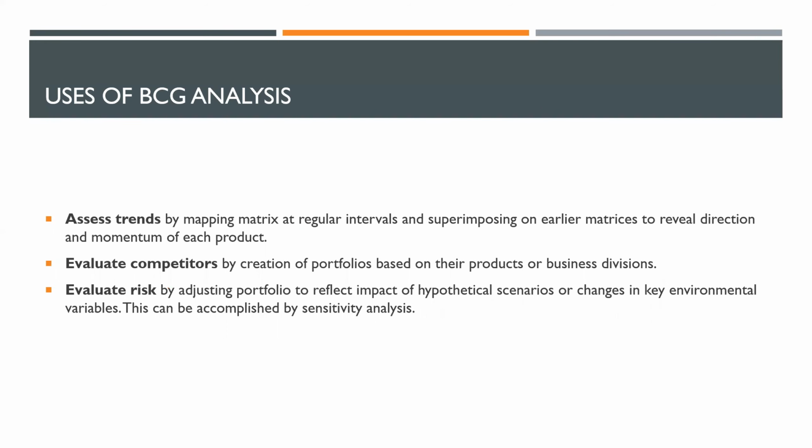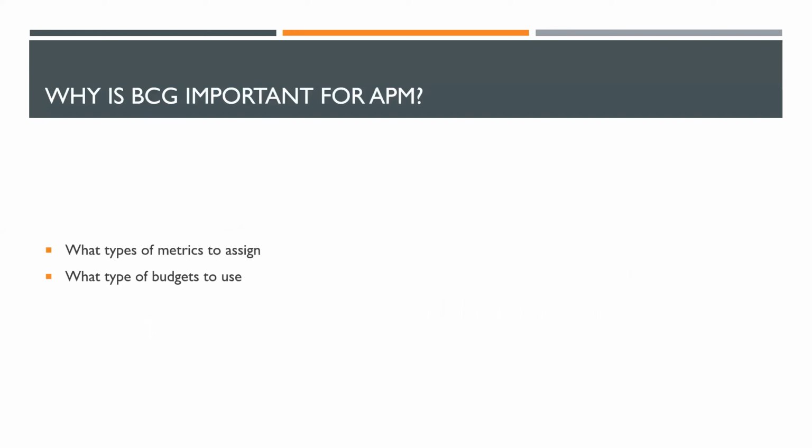So we use Boston Consulting Group matrix analysis to assess trends, to evaluate competitors, and to evaluate risk. And it is important, once again, for advanced performance management exam, because we need to understand what types of metrics to assign and what types of budgets to use. And we will talk about types of metrics later, and we will talk about types of budgets later.